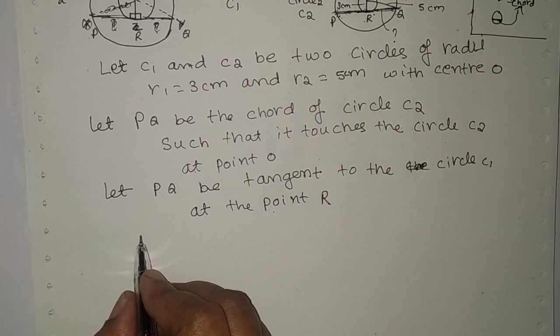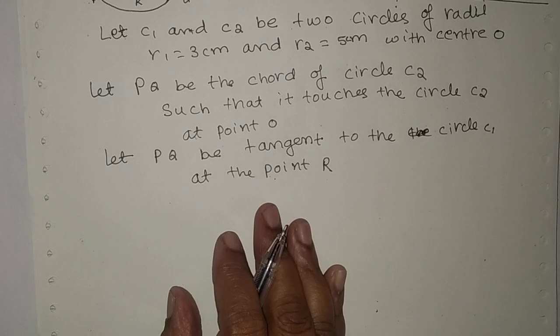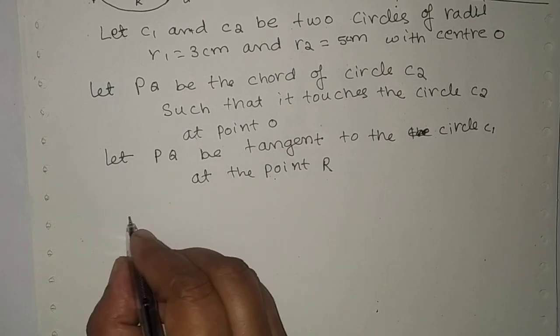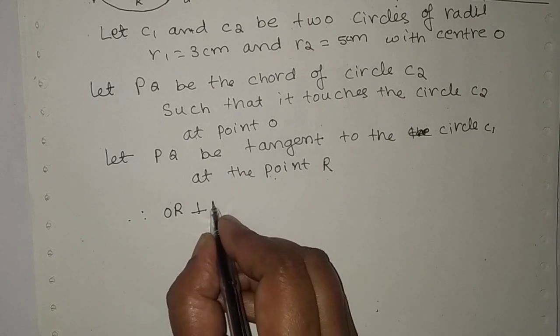After this, the next point is OR. Therefore OR is perpendicular to PQ.